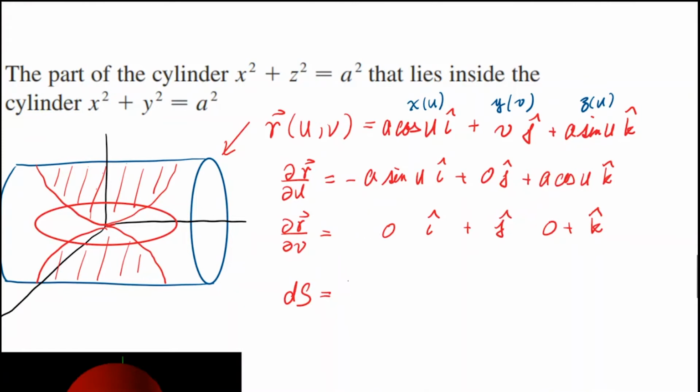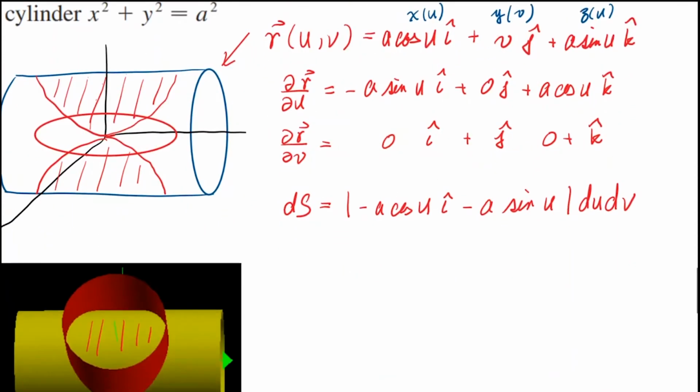So this is the magnitude of negative a cosine u, and this i vector, and then j is 0, so j is gone, and then k, that one is the only one, so we have negative a sine u, and then du dv. So far so good.